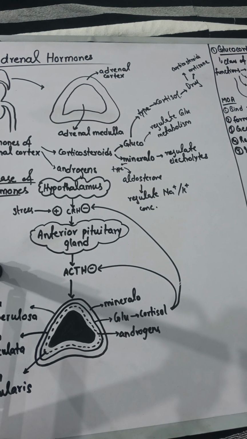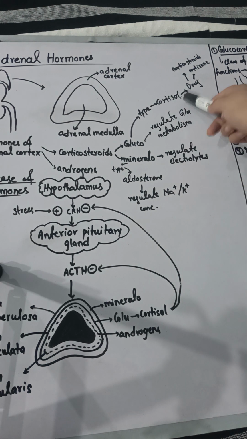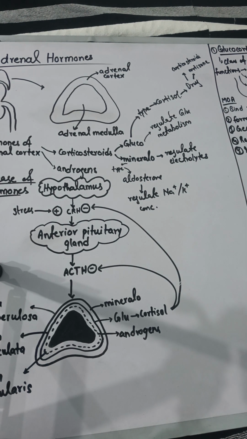They are not hormones. This is the most important concept that should be kept in your mind forever: these are not hormones. These are synthetic drugs which we give to the patient's body in case they have no corticosteroid. A lot of patients are present whose corticosteroid cannot be produced normally, so we give them synthetic drugs which mimic the action of that particular hormone.